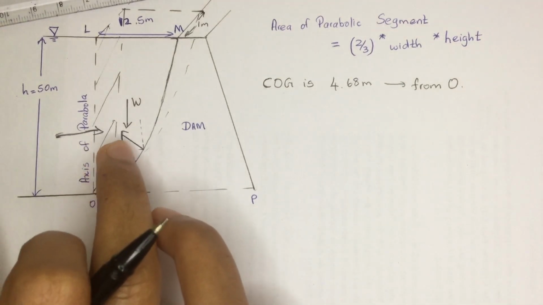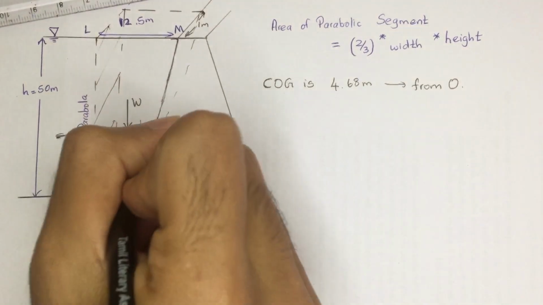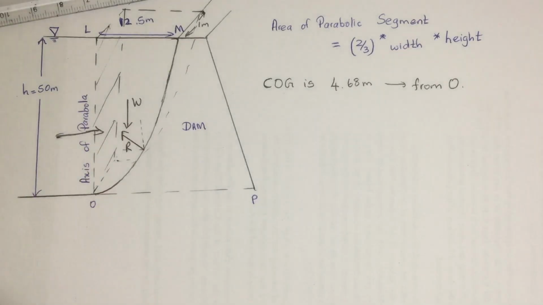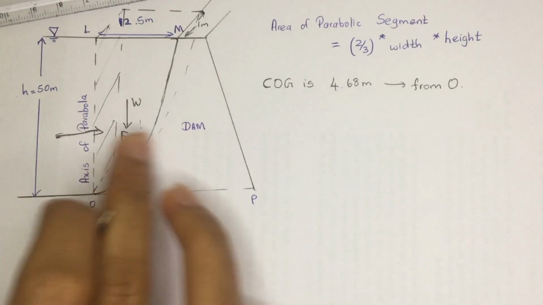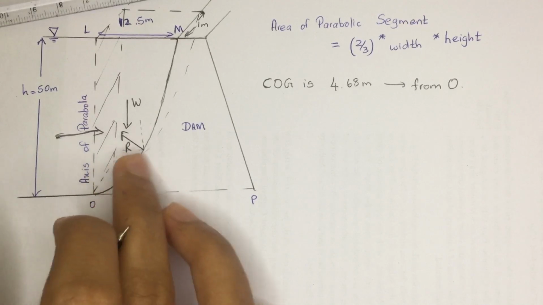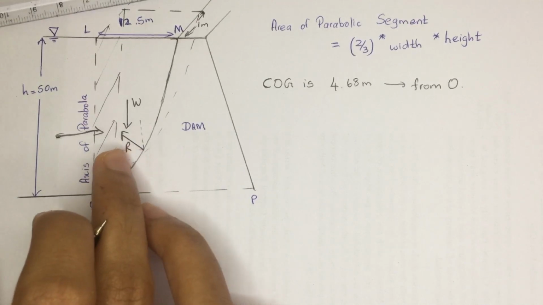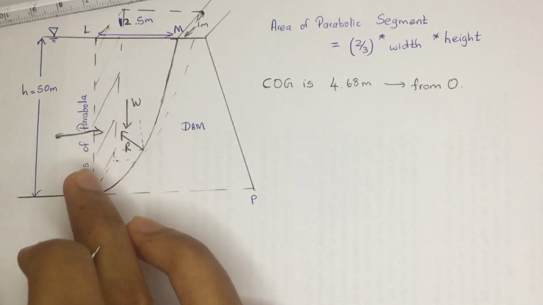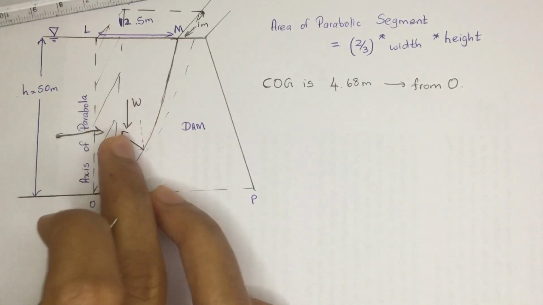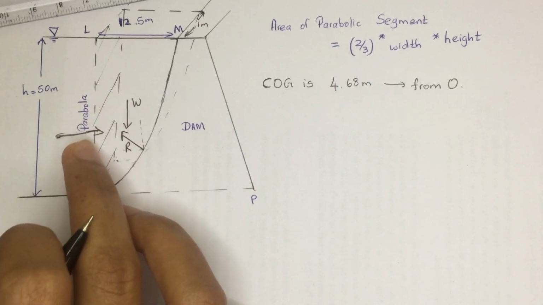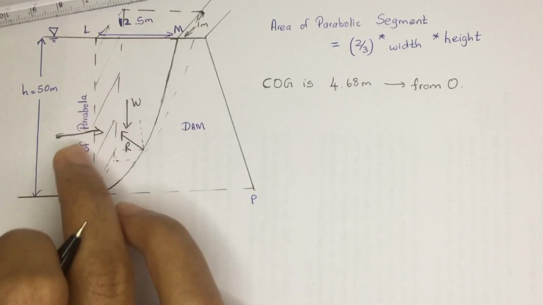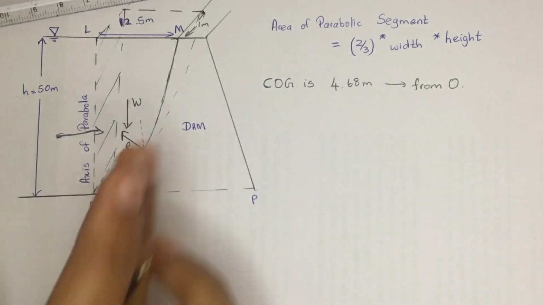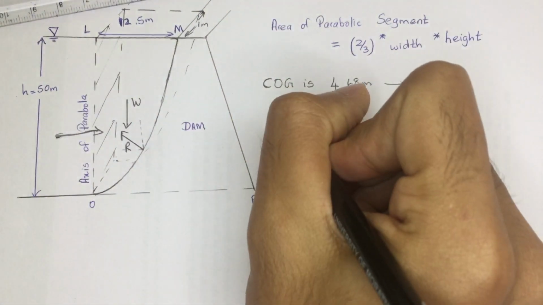So we can tell that the vertical component of the hydrostatic thrust provided by this dam would be equal to the magnitude of this weight, because there are only three forces, and one is horizontal and the next one is vertical.